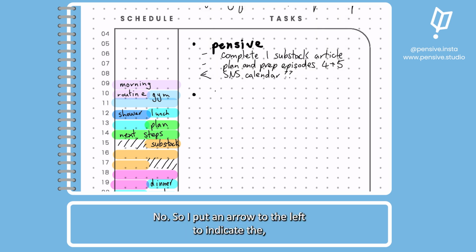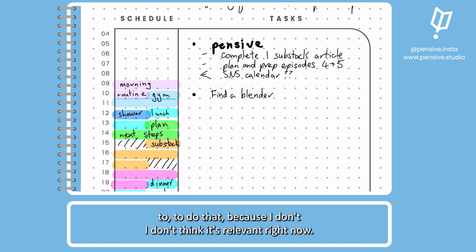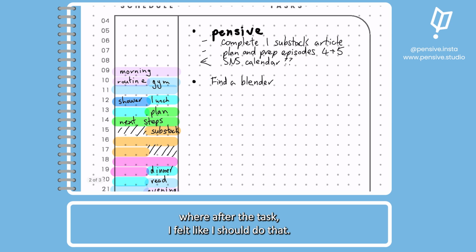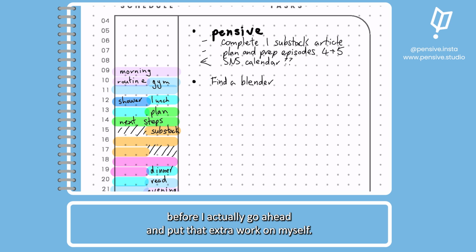No. So I put an arrow to the left to indicate that I'll move it back to my master task list, and then I'll find another day to do that, because I don't think it's relevant right now. It was one of those tasks I felt like I should do, but when I thought about it, I was like, no, actually let me consider this first before I put that extra work on myself.